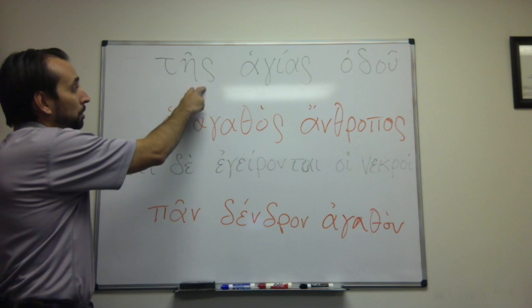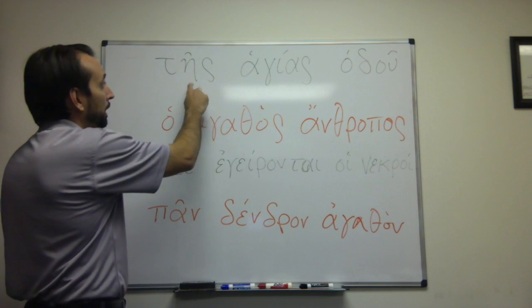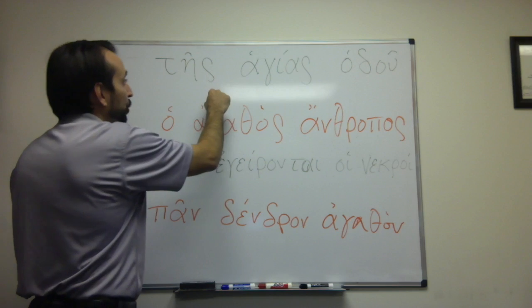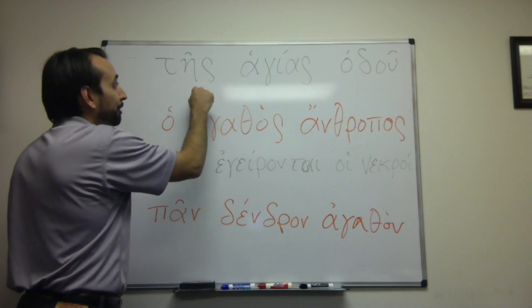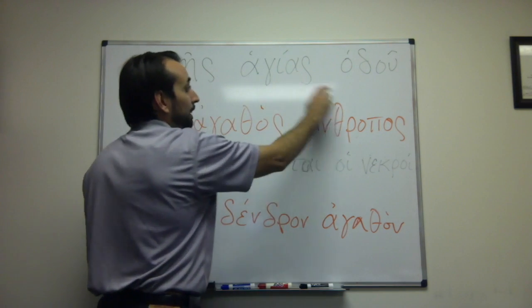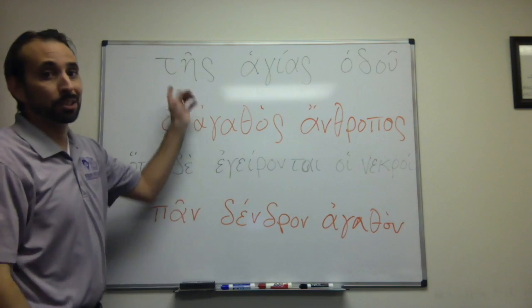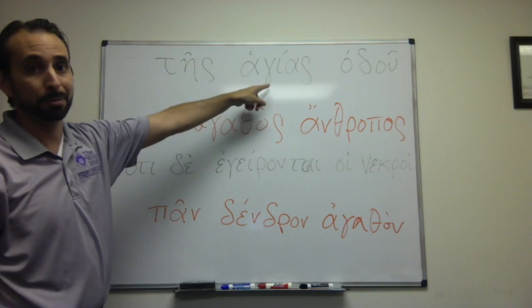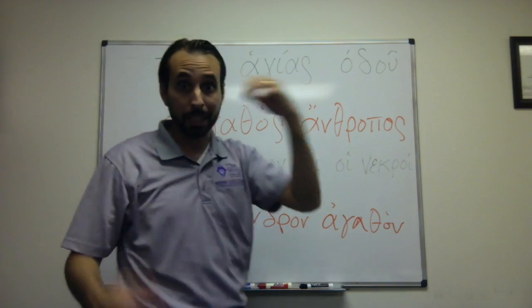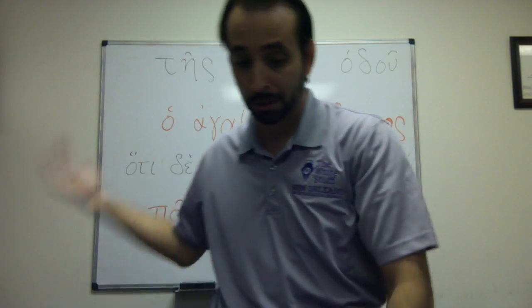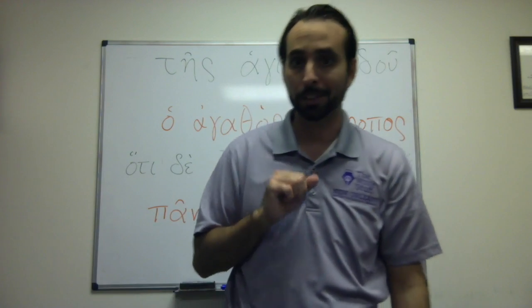So if I know my article chart here, then I know that tes, this is my genitive singular feminine ending. Even if I don't recognize this ending, I know I can locate it because it's going to be in concord. So my article tells me where the rest is to be located. They're going to be in concord. So if it has an article, the article is your friend. That's a throwback to chapter 6.